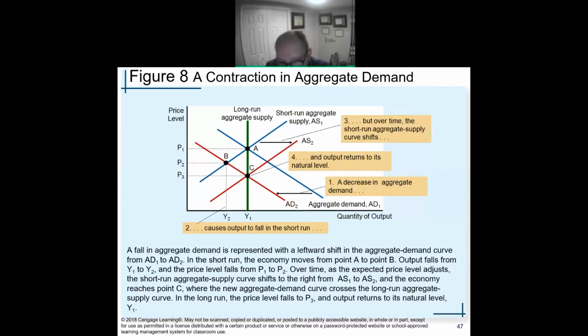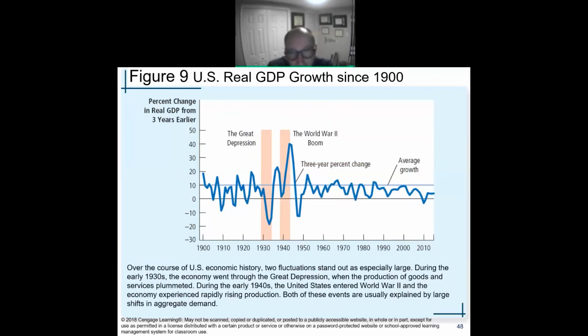Remember, long term, it's more natural. It stays relatively consistent long term, long run. Short run, it's a little bit more volatile. Here you go. Look at this long-term graph here, 1900 to 2015. How much did real GDP change?